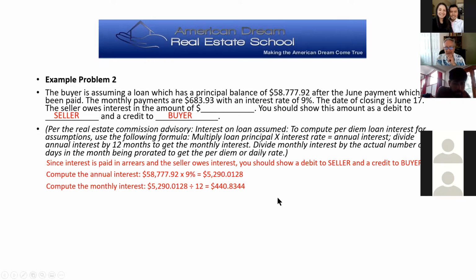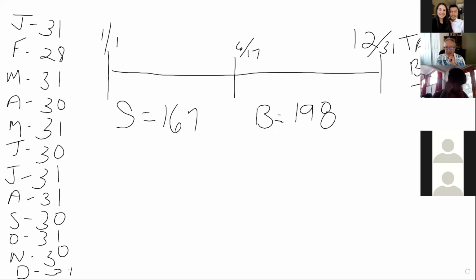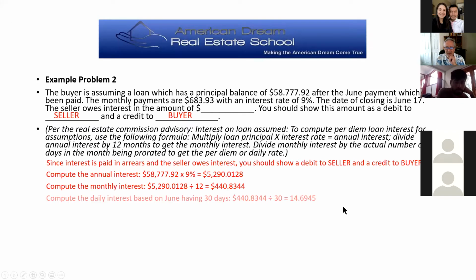That's monthly. Then we divide it by the actual number of days in the month that we're closing in. So we're closing in June. How many days does June have? Well, if we go back to our cheat sheet, we can see June has 30 days. Okay. So we can divide that to get our daily rate. We're finally down to the daily rate.